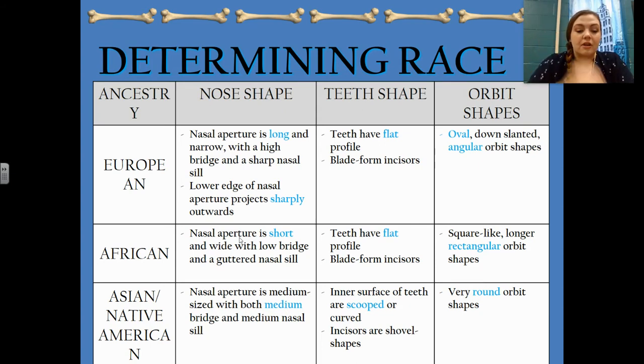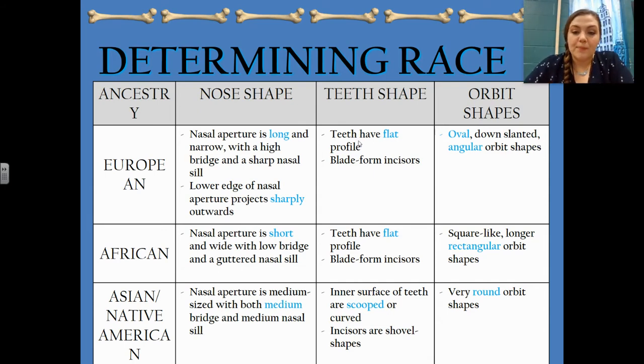The nasal aperture is medium size for Asian or Native American, so in between the longer pointy one and the basically flat or non-existent one. There should be a more medium-sized bridge and a more medium-sized hole. So not long and narrow, not short and wide, just kind of in between.